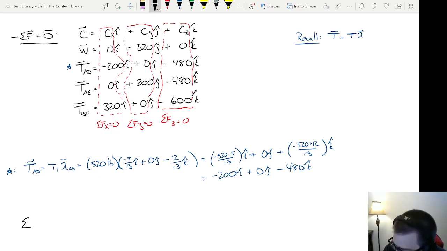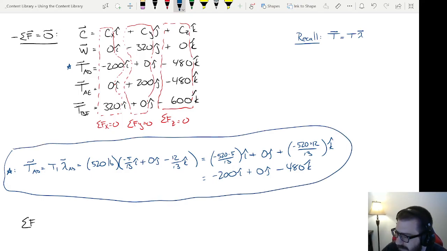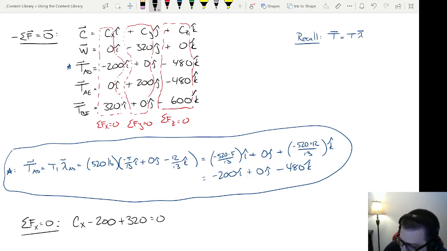So it should be pretty straightforward. If I sum forces in the x direction, let me put a little thought bubble around that to show you that was a calculation we did off to the side, we get cx minus 200 plus 320 is 0.